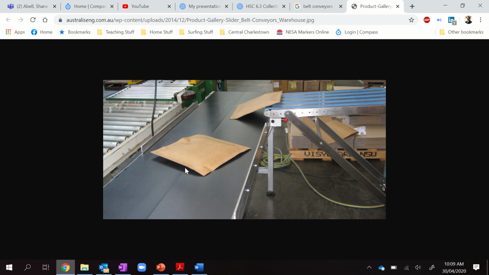Okay, so here we have a conveyor where it looks like these are parcels, and let's say they're from a mail sorting place. They're coming down one conveyor, and then they're going on to another, and then they're going along here. Now let's say in the process of this, that when it gets to here, a sensor detects that this parcel is here, and a stamp has to be placed on this.